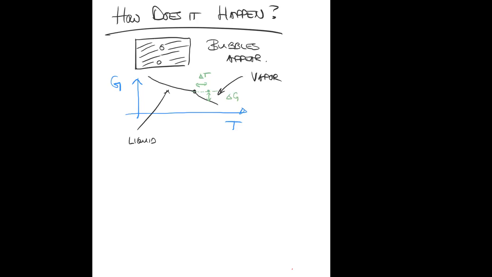One is the continued liquid curve, the other one is the physically stable vapor curve. And this delta G is simply determined by the difference in slope. So this delta G is just delta T times the difference in slopes.